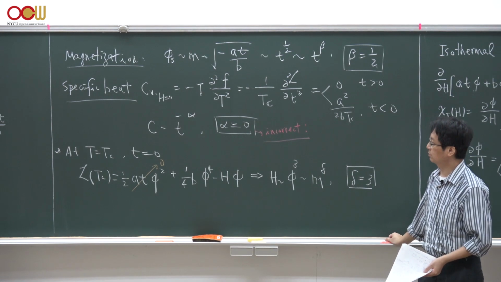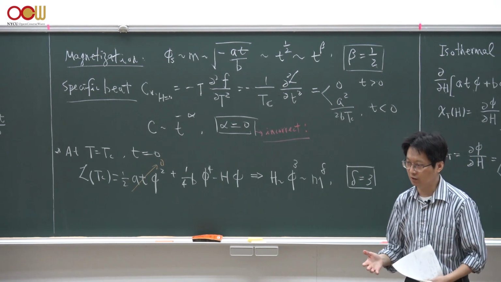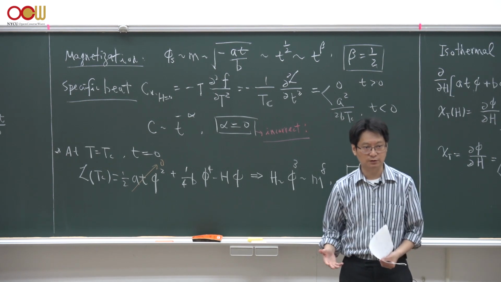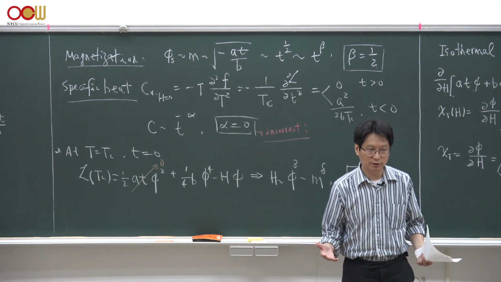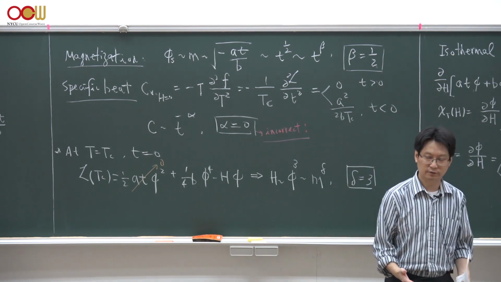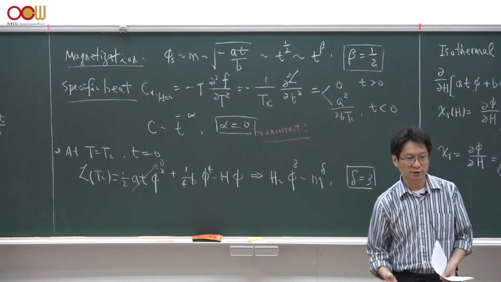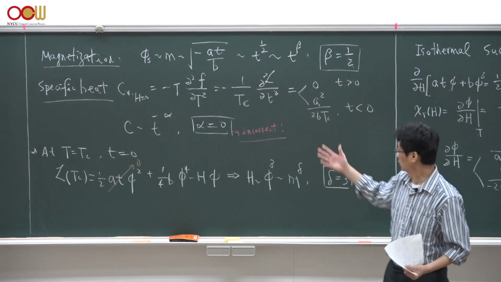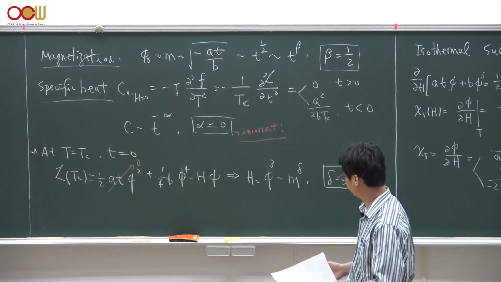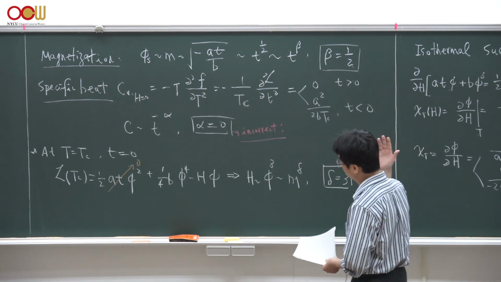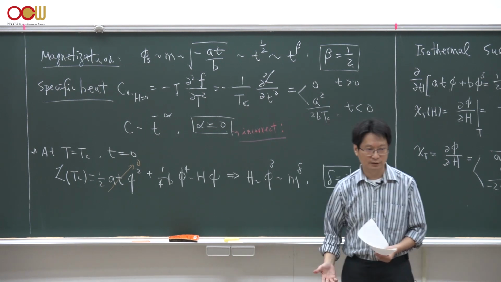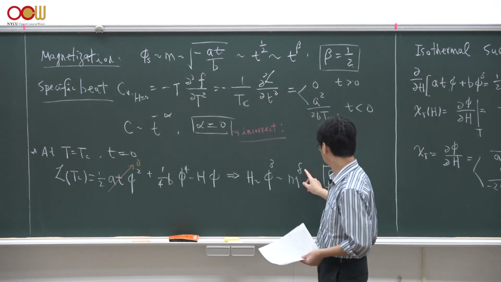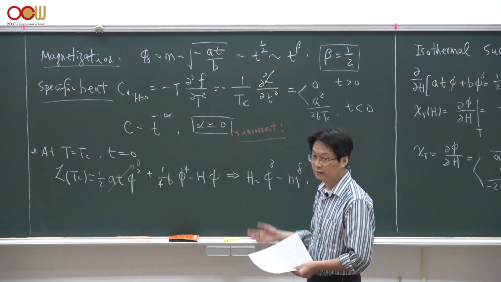So Landau's mean field theory just gives us a rough estimation of the critical exponents, and those exponents do not depend on dimensionality, which is certainly wrong. And we will include the fluctuations beyond the mean field order parameters to fix these incorrect estimations. But at the moment, this is the easiest way that we can get the critical exponents. Another critical exponent is delta, which is the critical isotherm.